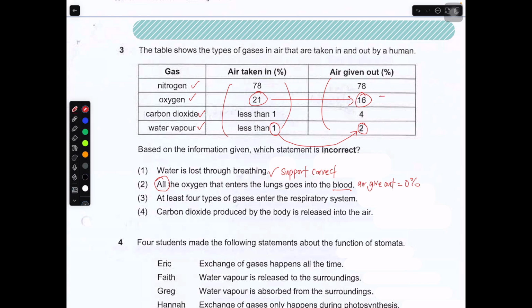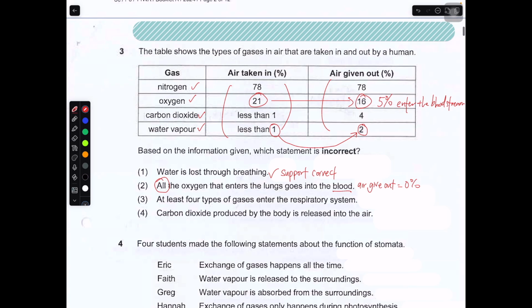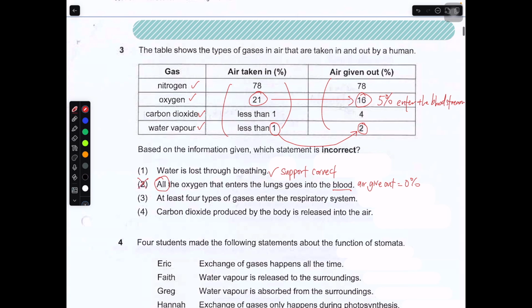So it suggests that only 5% enters the bloodstream. So this is actually the wrong statement. At least 4 types of gases enter the respiratory system. Yes, these are the 4 types.